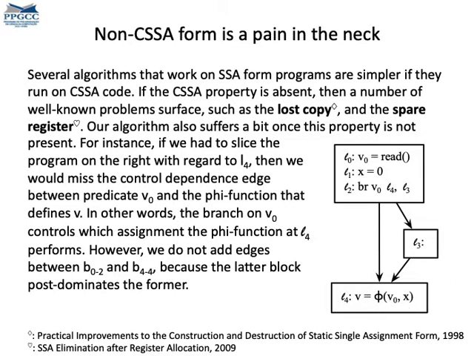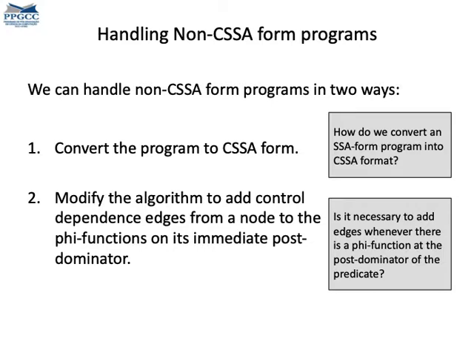The predicate v0 used in the branch at L2 does not control any variable because there is no variable defined within its influence region. But clearly this predicate determines how the phi assignment happens. So the phi function is controlled by v0, but our algorithm wouldn't find it.